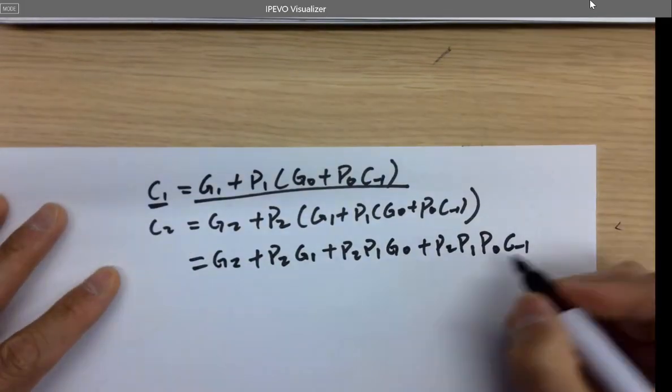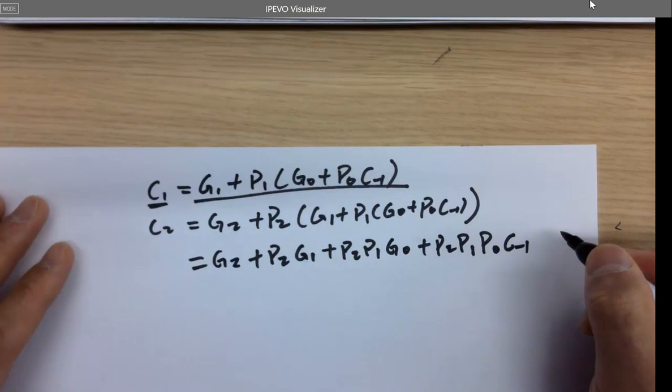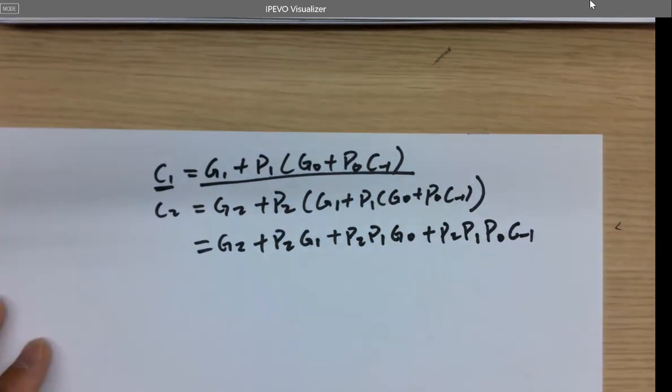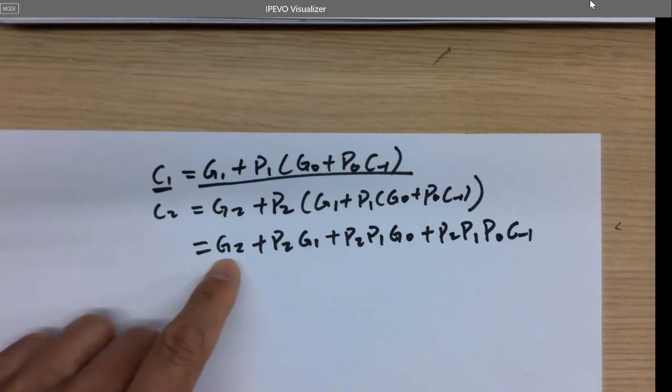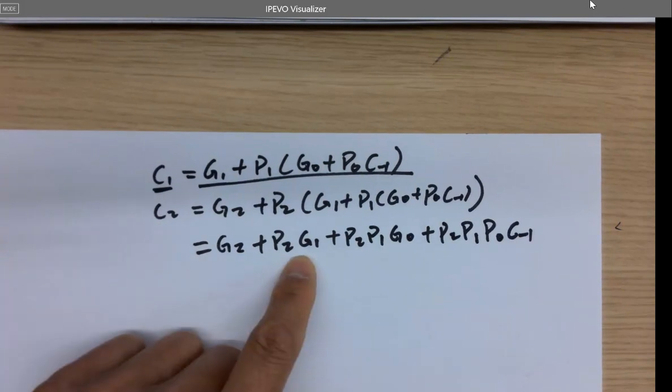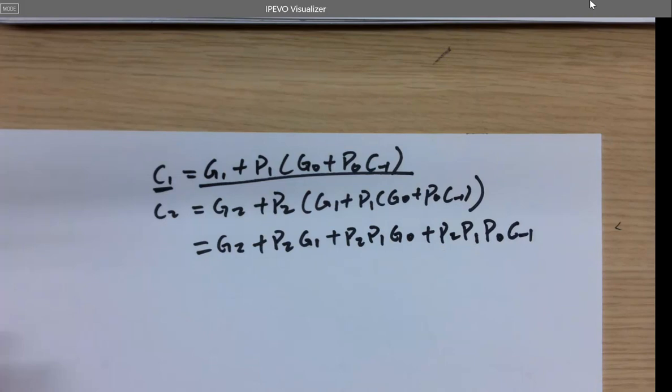Oh yeah, it is G0. All right, so that's the final result, the logic equation for C2. Let me double check. P2 G1, P2 P1 G0. Yeah, that is correct.